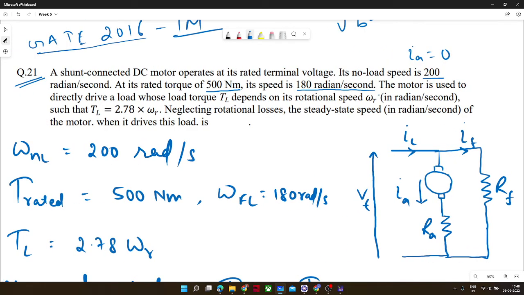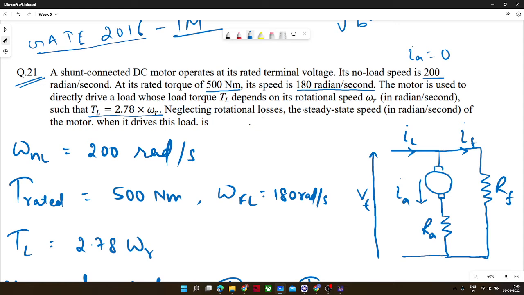This motor is driving a load whose load torque depends on its rotational speed. You all know motor torque does not depend on rotational speed; it depends on its current. Basically, it may depend on rotational speed indirectly, but here it has some given parameter. Its load torque is 2.78 times the rotor speed. That is what the problem is saying.